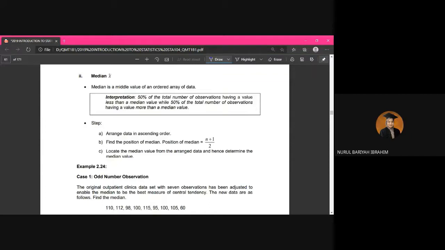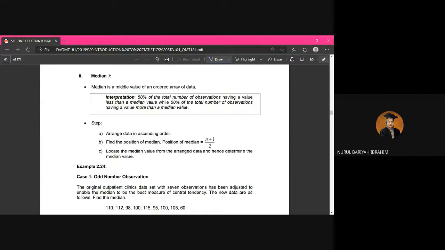You can say that 50% of the total number of observations have a value less than the median value, while the other 50% have a value more than the median value, because the median is the middle value, the point in the middle of the ordered data.